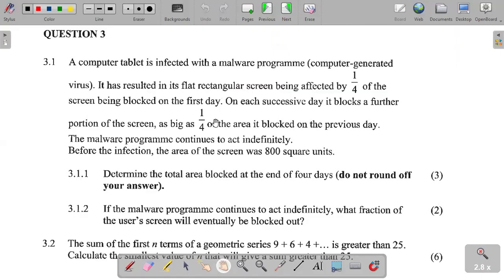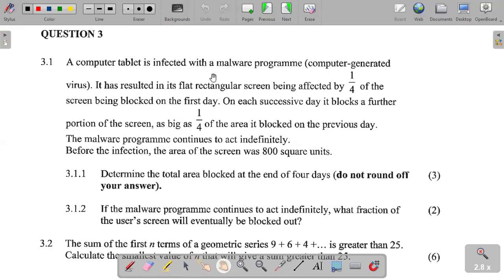So question 3 reads as follows. They say a computer tablet is infected with a malware program, a computer-generated virus. It has resulted in its flat rectangular screen being affected by 1/4 of the screen being blocked on the first day.